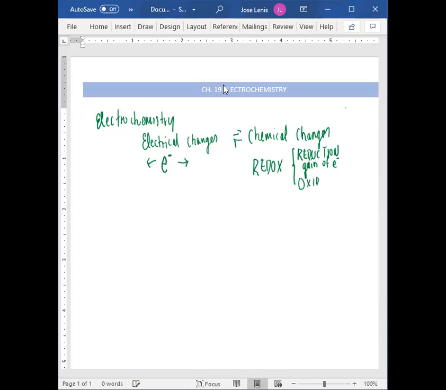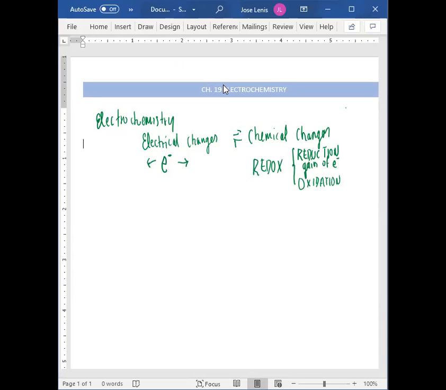Oxidation. So oxidation occurs when a substance or chemical species loses electrons.